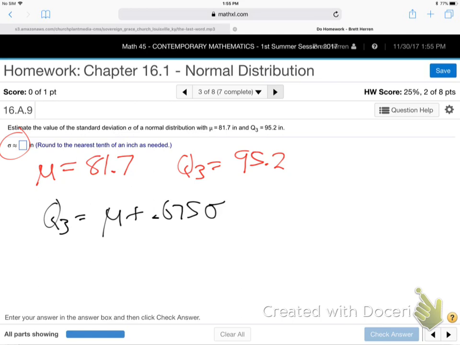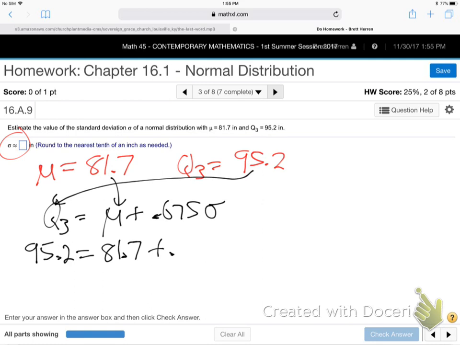Plug in the Q3, plug in the mu. Can you solve for sigma? A little algebra work there.